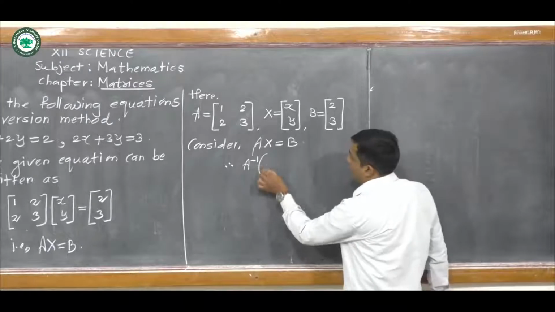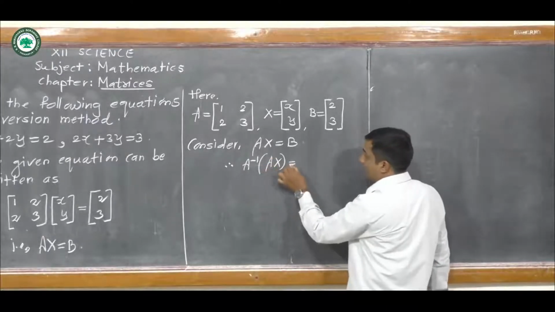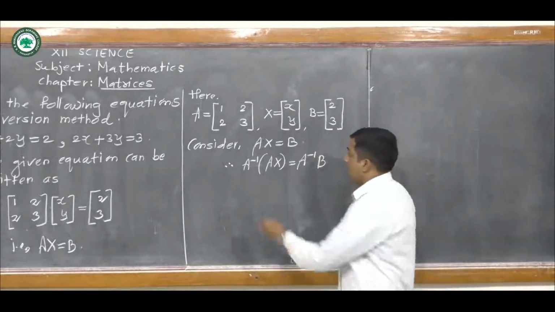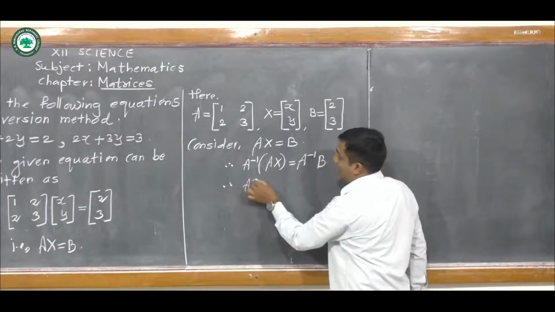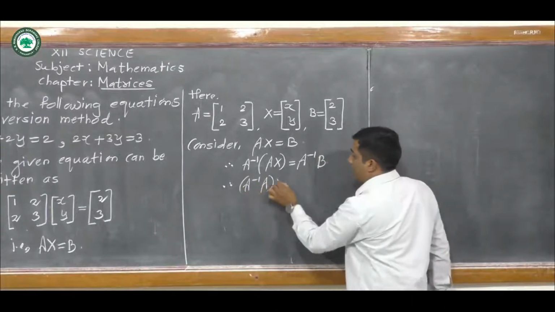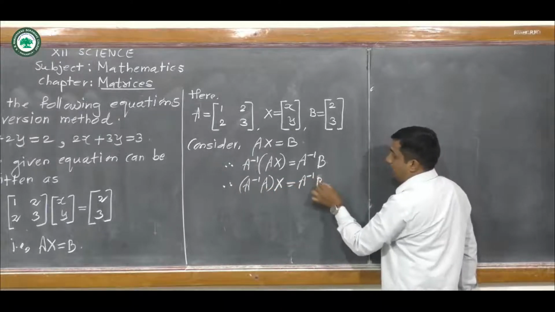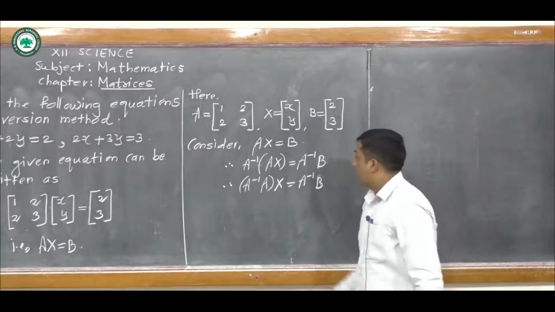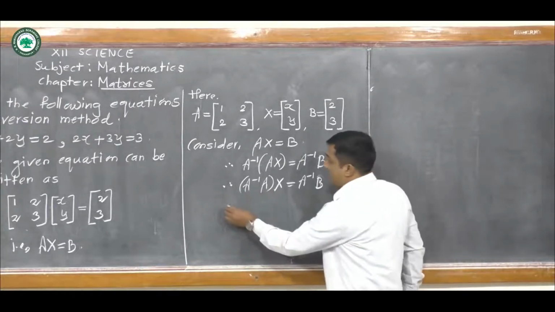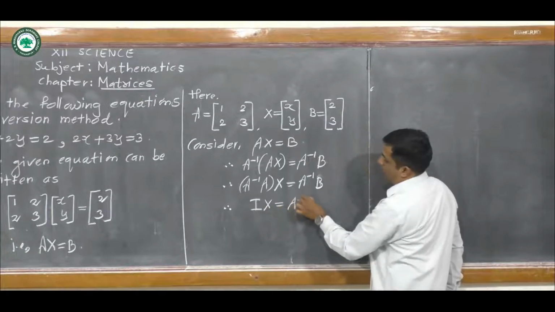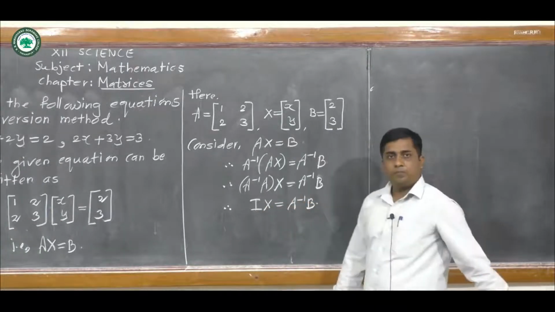So A inverse into AX is equal to A inverse B. Now I write this as A inverse A into X is equal to A inverse B. We know A inverse A is the identity matrix, so IX is equal to A inverse B.